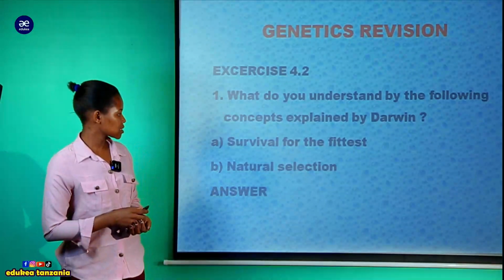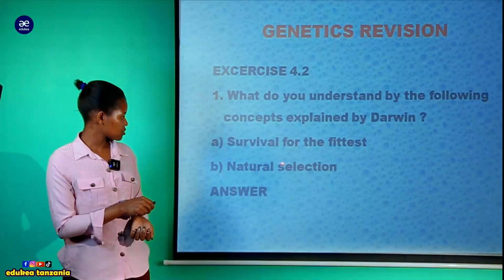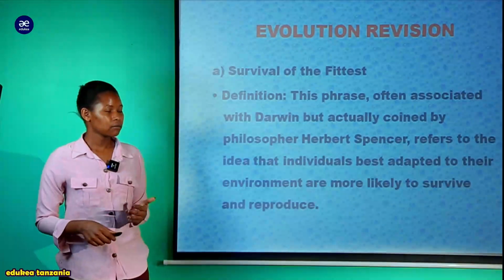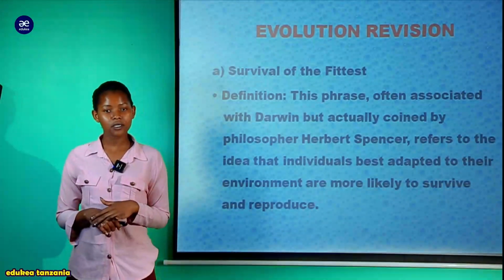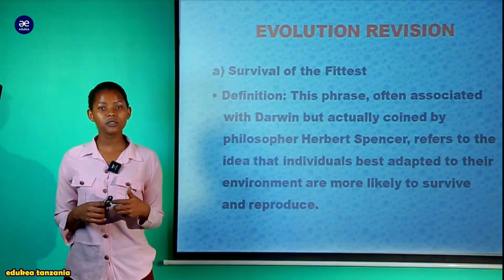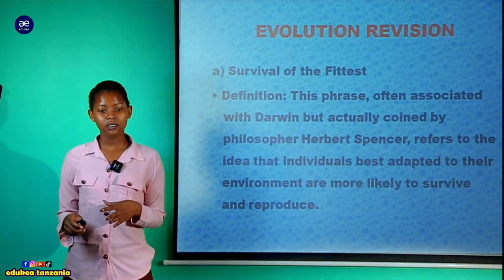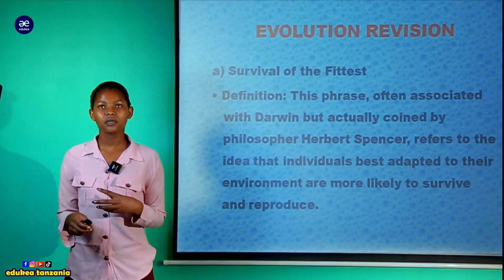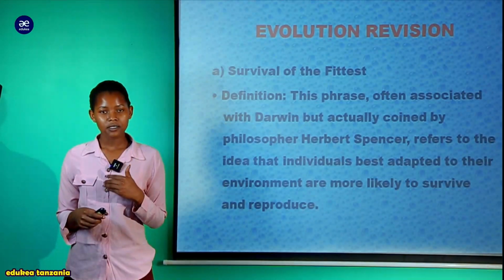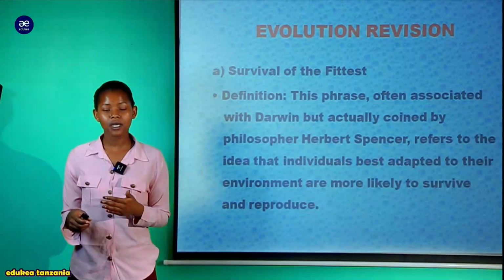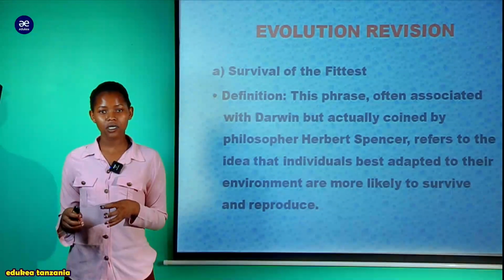And now you can see we are going directly to answer the question by starting with survival of the fittest. Before that, I would like to give you a short explanation. When we talk about survival of the fittest, we mean that in the environment there are lots of changes, lots of circumstances, most of which might be harsh to living creatures.